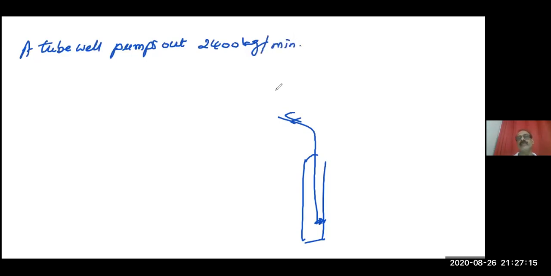Why are we using kilograms instead of liters, since it's water? This is a question given by the board. We can calculate the mass from the area of cross section of the pump into velocity.